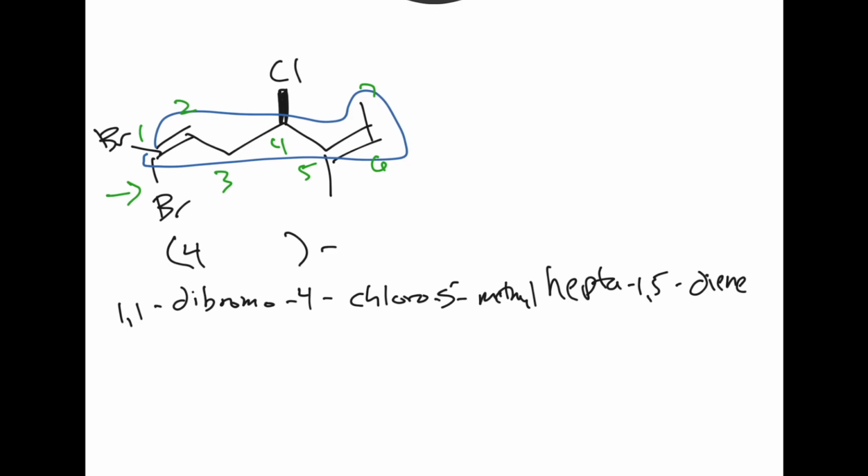Never forget. So let's review. What has highest priority? We're going to look at this carbon. What has the highest priority that's bonded directly to that carbon? The chlorine. So chlorine's number 1. Lowest priority, in this case, works out to just be hydrogen. Now I'm going to compare this carbon to this carbon.